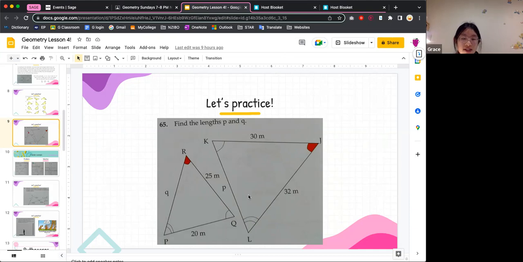So maybe you guys want to start off by color coding, maybe marking the equivalent sides with the same color. If anyone would like to annotate that.